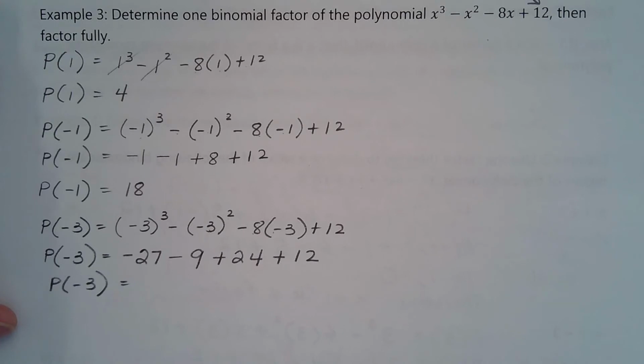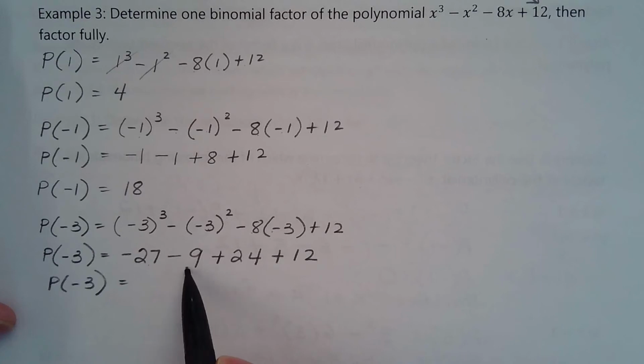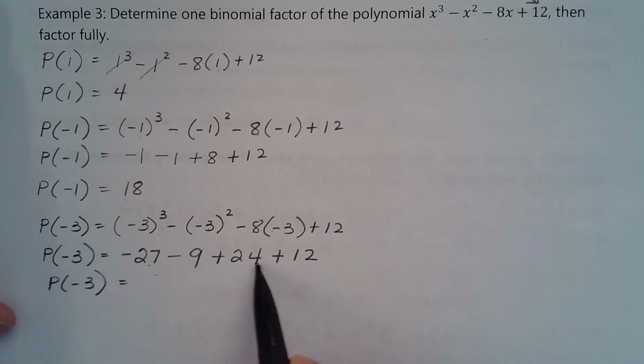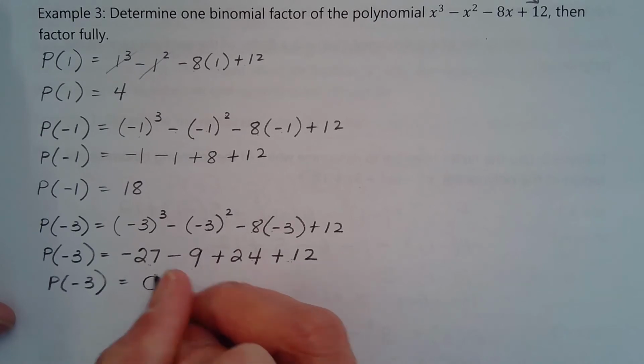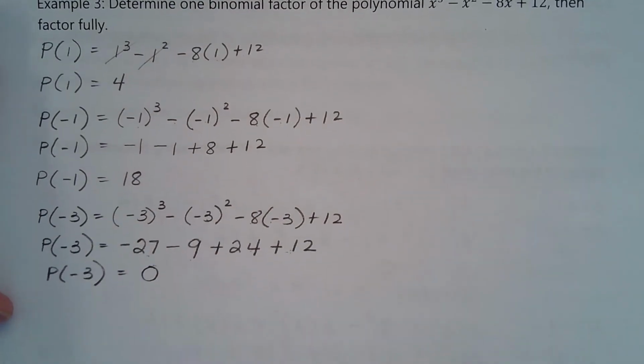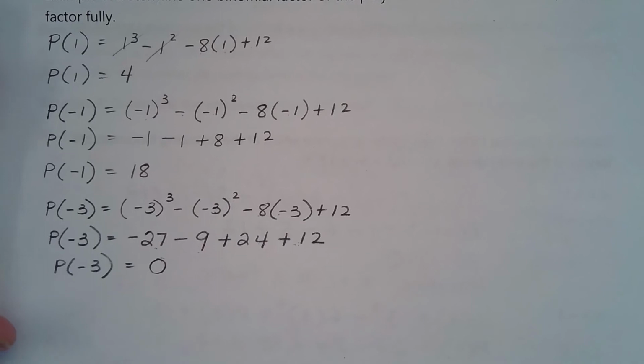What about negative 3? Does it give you 0? This one is going to give us negative 36. These two are going to give us positive 36. So P of negative 3 is 0.